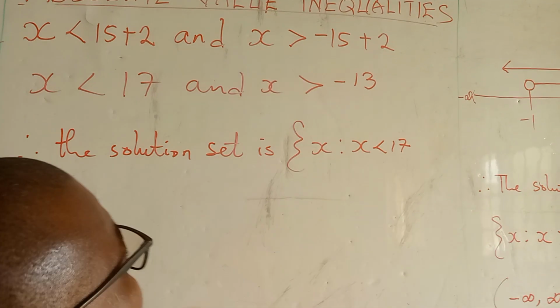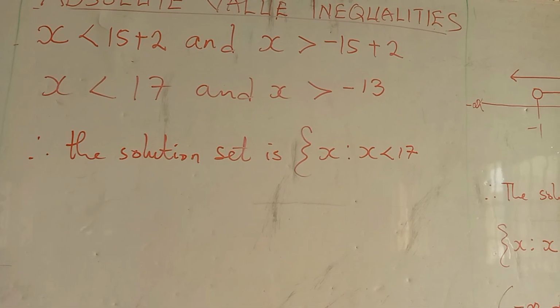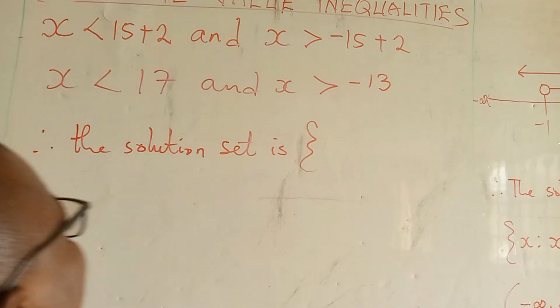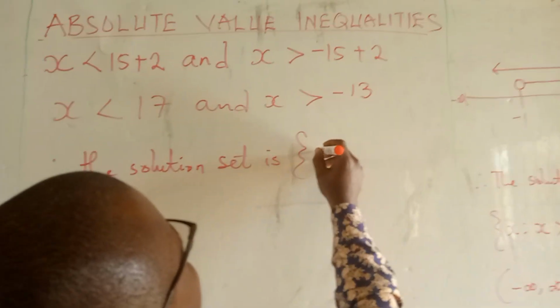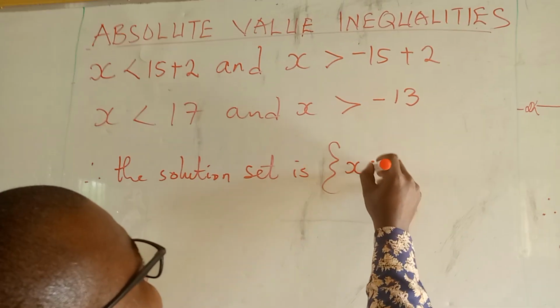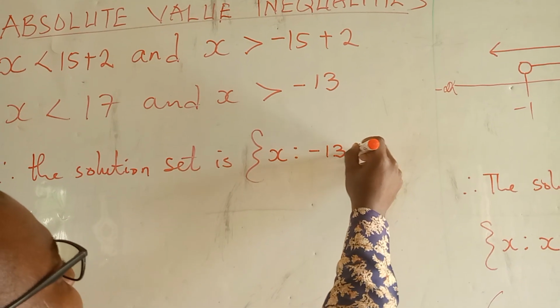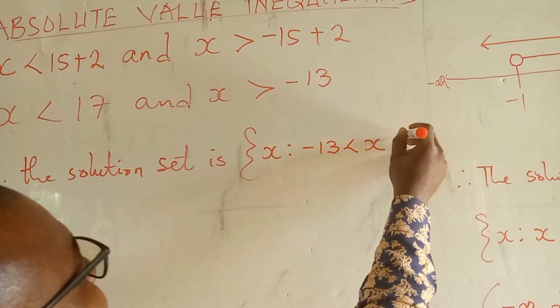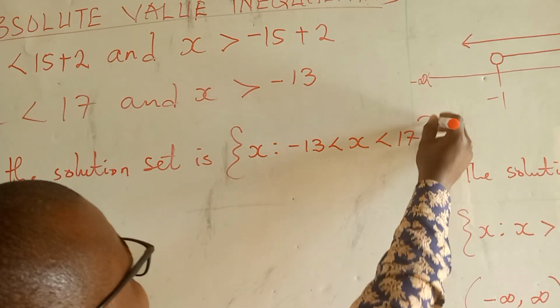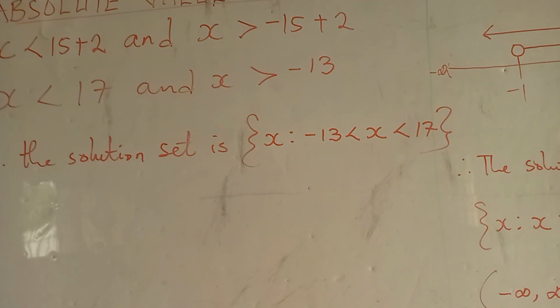Okay, it can be combined. If it can be combined, the word and is used. X is such that minus 18 is less than x is less than 17. That's the answer.